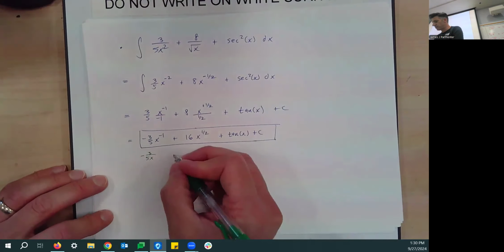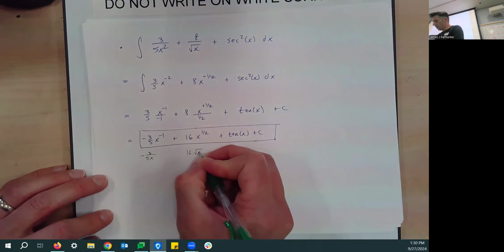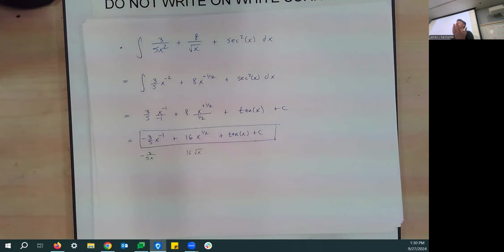Here's why it matters. If I had to take another antiderivative of this for whatever reason, I would want to leave it like this, because having things as powers is nice because I know how to anti-power rule things. The negative one, yeah, it's a story we're going to get to in a second.